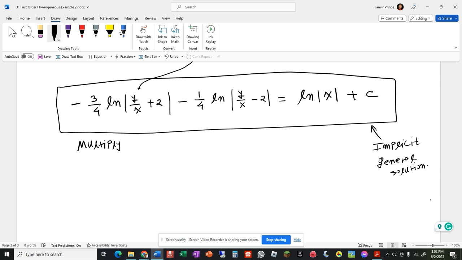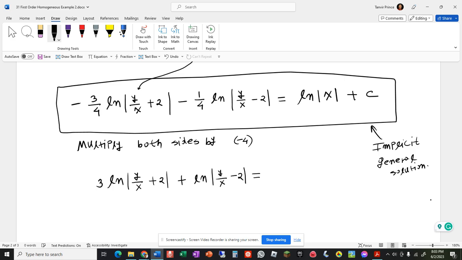Let's do a little bit of simplification. Let's multiply both sides by negative 4. So if I do that, I get 3 ln of y over x plus 2 plus ln of y over x minus 2 equal to minus 4 ln x plus negative 4c.